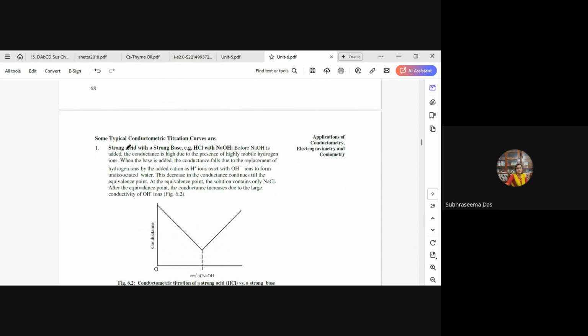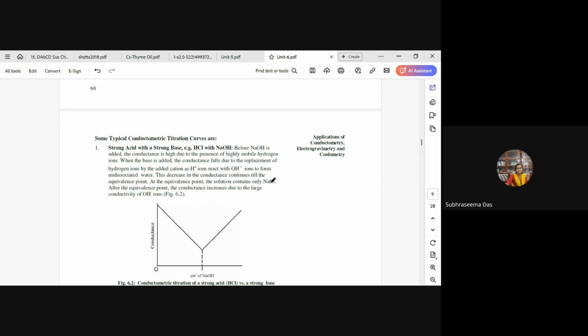First is the titration of a strong acid versus a strong base, that is HCl versus NaOH. Before NaOH is added, the conductance is very high because free H plus ion is present in the solution. When the base is added, the conductance falls because H plus reacts with the OH minus from the base and forms H2O.